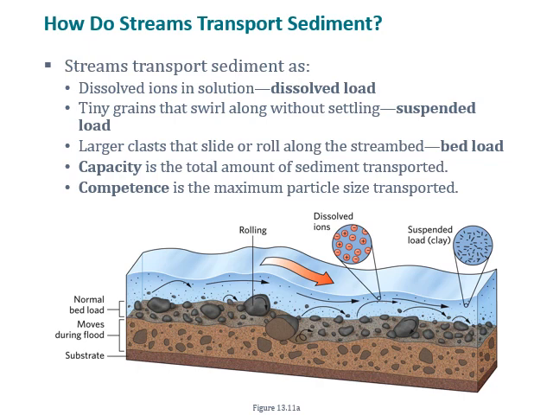So how do streams transport sediment? Well, they transport sediment in a number of categories: the dissolved load, which are dissolved ions in the solution of water; the suspended load, which are tiny grains that swirl along in the river or stream without settling to the bottom; or the bed load, which are the larger class that slide or roll along the stream bed as a result of water flow.